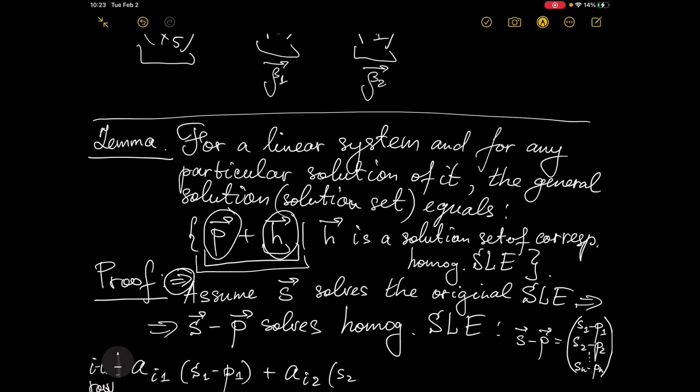I guessed it, if you like. P is a particular solution of the original system of linear equations. Is it clear now or not? Yeah, it makes sense.